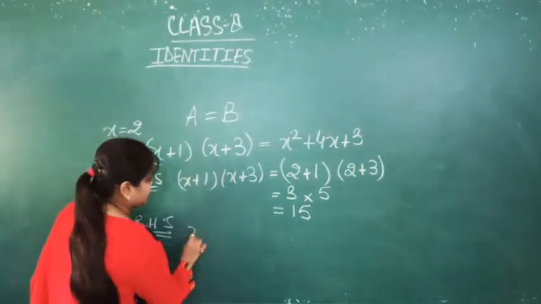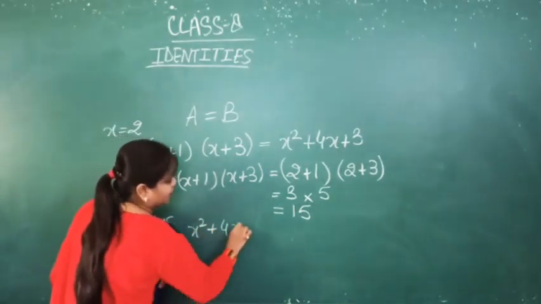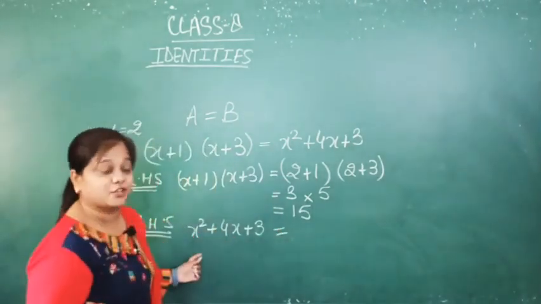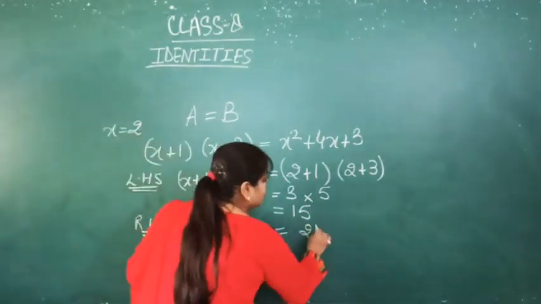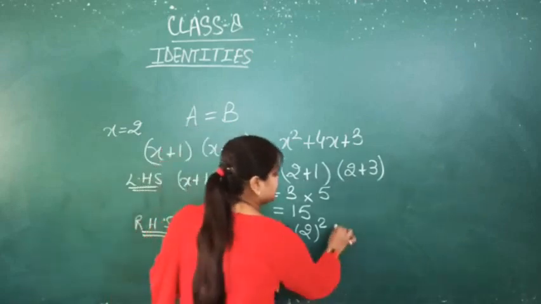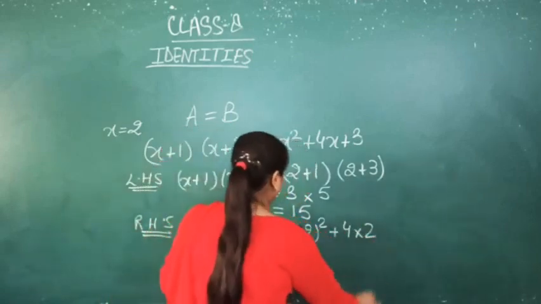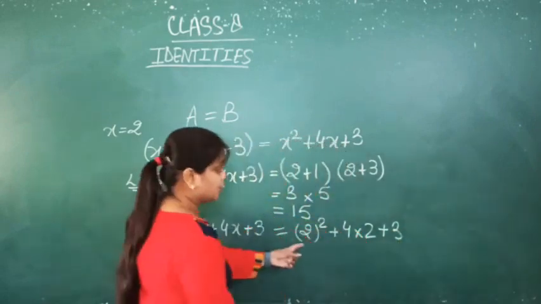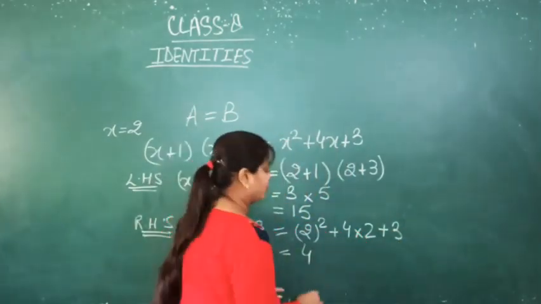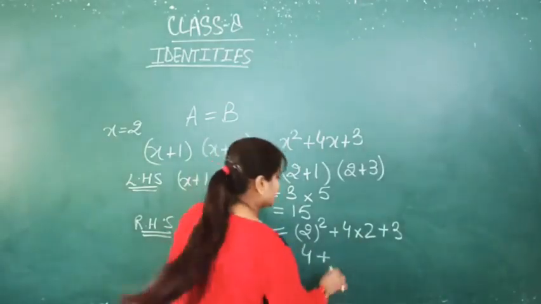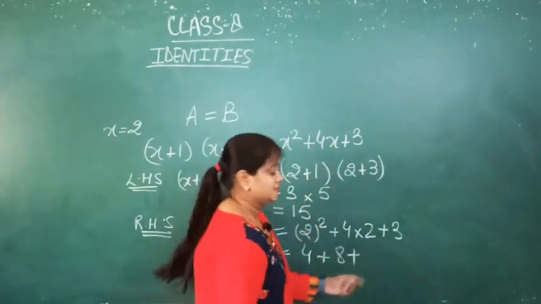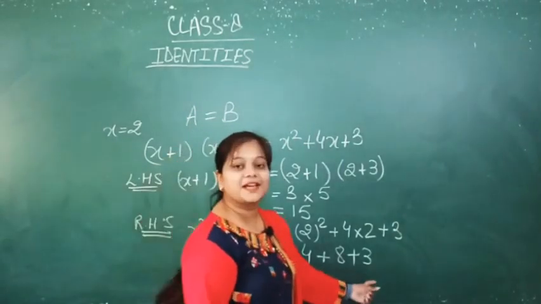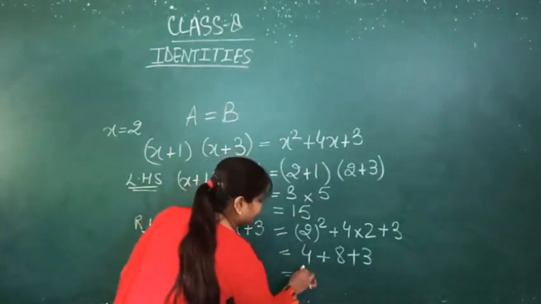RHS side is x square plus 4x plus 3. Using 2 in place of x, 2 square plus 4 into 2 plus 3. 2 का square is 4. 4 into 2, 8 plus 3. 4 plus 8 is 12 and 12 plus 3 is 15.